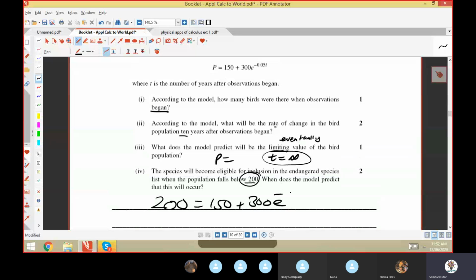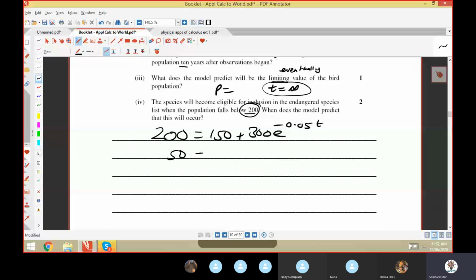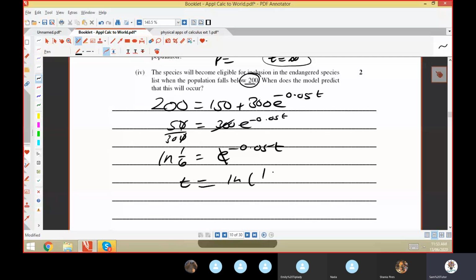So subtract 150, divide by 300, log both sides, and then divide by negative 0.05. And that gives you the time.